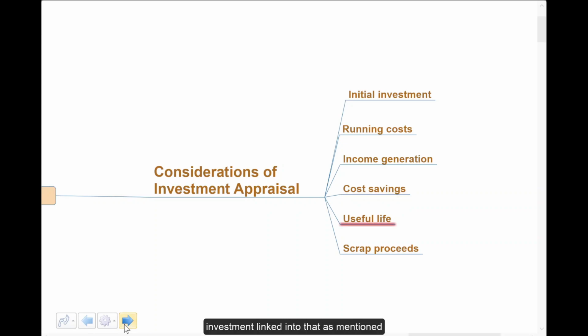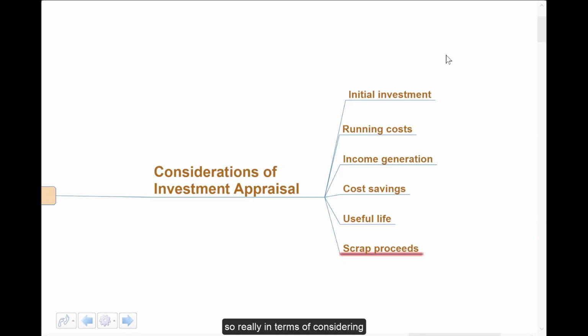Linked into that, as mentioned, this investment is going to take place over a series of years. There's going to be some sort of useful life. And indeed, linked to that, it may well be that within the initial investment, we purchased equipment, and it could be that some equipment provides us with some scrap proceeds, or if you will, a residual value.